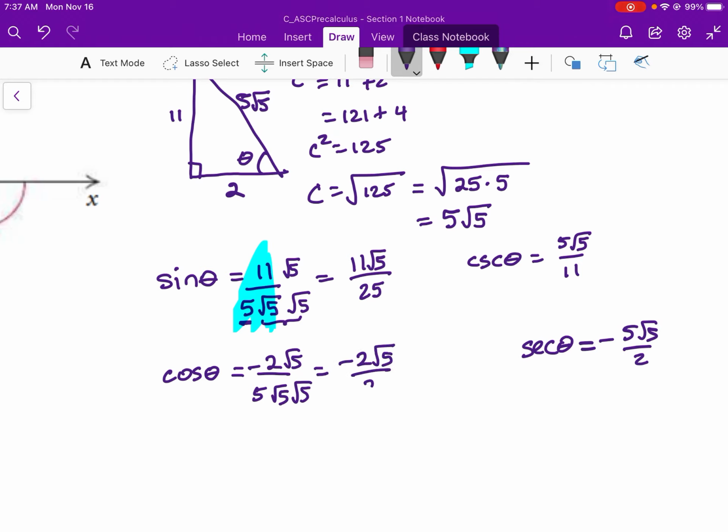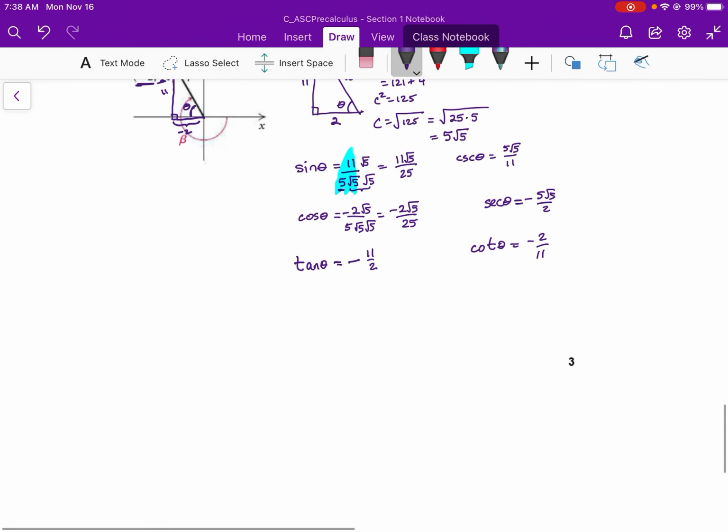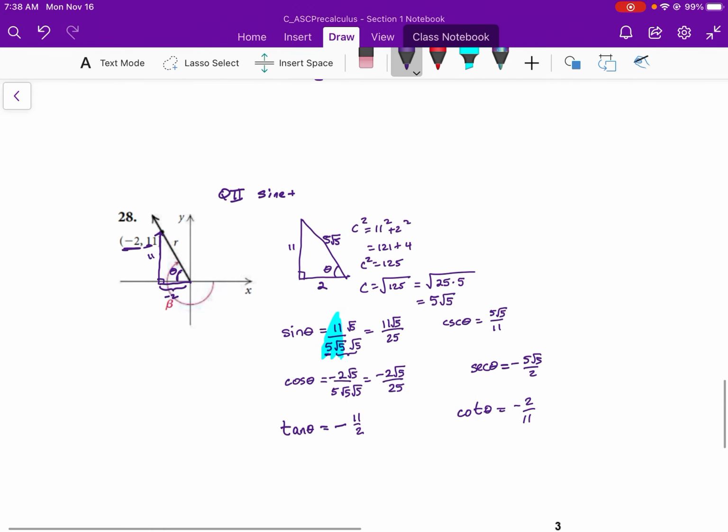I feel like I'm rambling. 2 radical 5 over, again, 25. And then tangent, thankfully, has no radicals. This is going to be negative because we're in quadrant 2. Opposite over adjacent, 11 over 2, which means that the cotangent is -2 over 11. Okay, I think that's it.